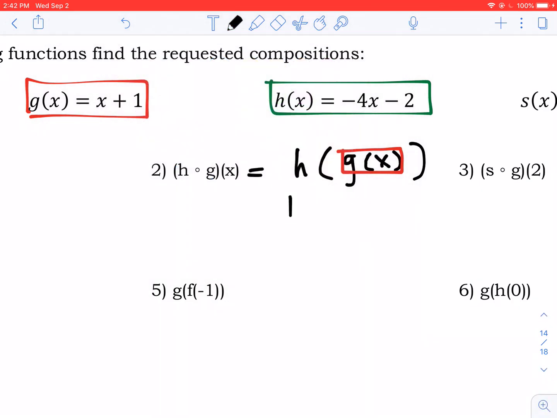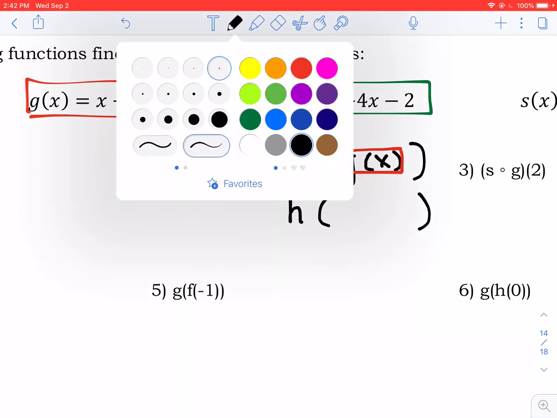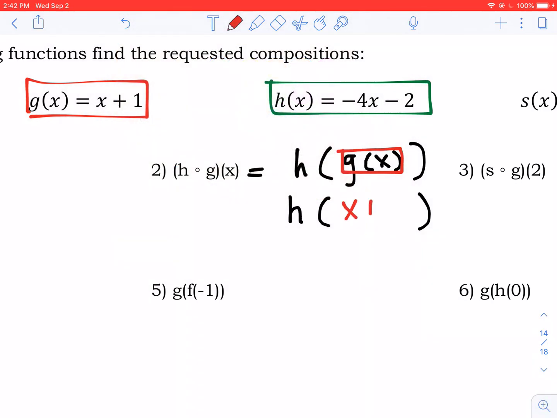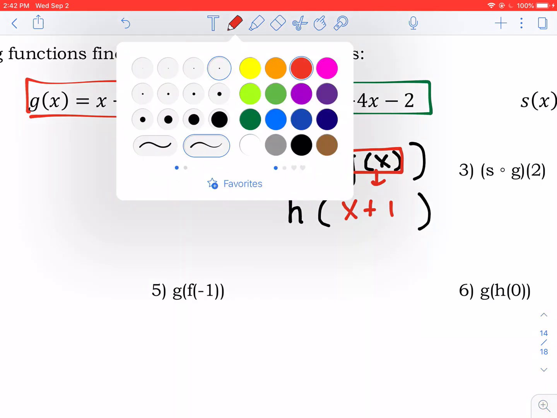That's going to be h of g of x. That's h of x plus 1. That's what this was, x plus 1. So we're going to take this x plus 1 and plug it into the h function, giving us what as a result?